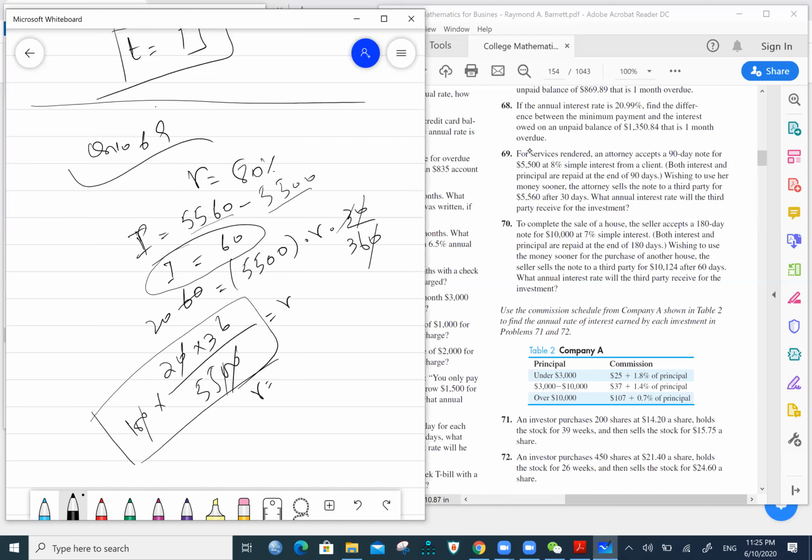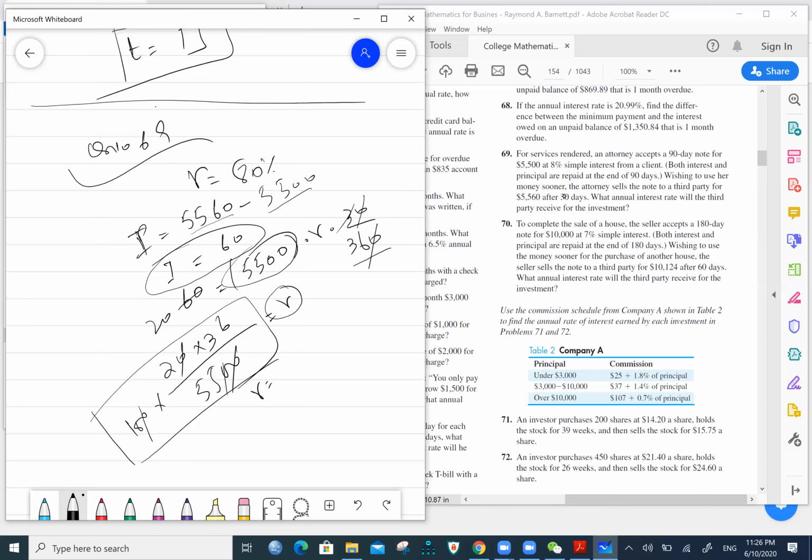We need to find R, the rate at which this interest of 60 is earned in 30 days. So I is 60, the principal amount is 5,500, and T is 30 days. We convert 30 days to a year by dividing by 360. When we solve this equation, we get R, the annual interest rate.